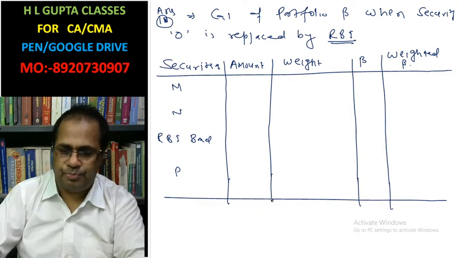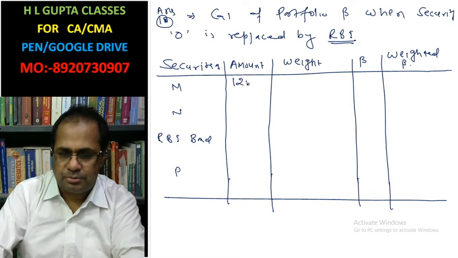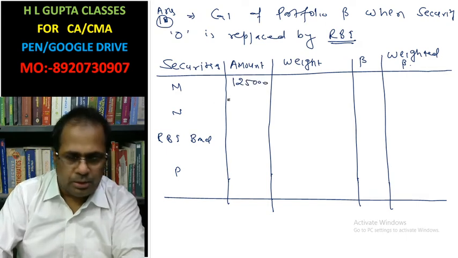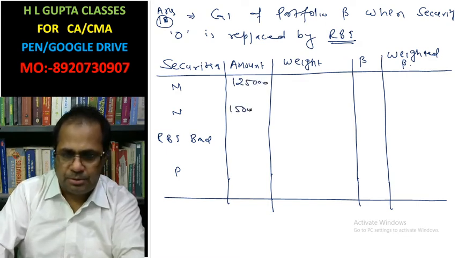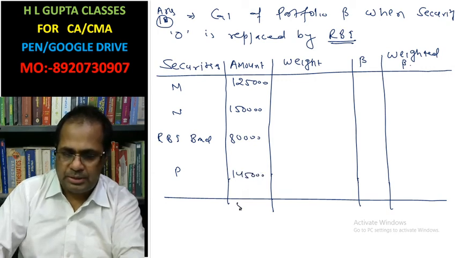What are the amounts? 1,25,000, 1,50,000, 1,80,000, 1,45,000. This is rupees 5 lakh.